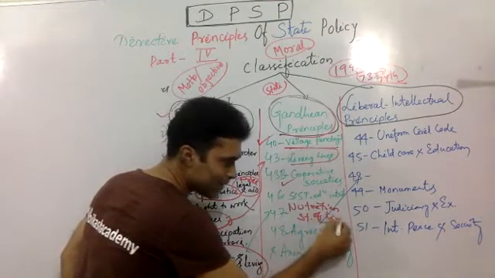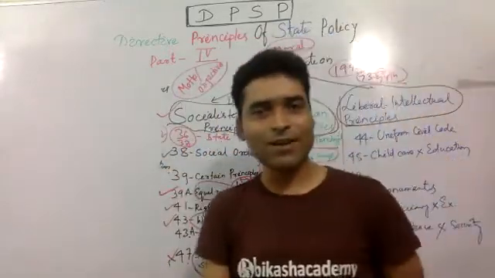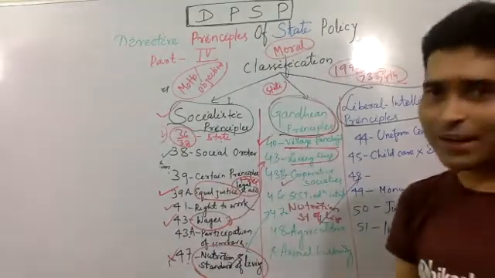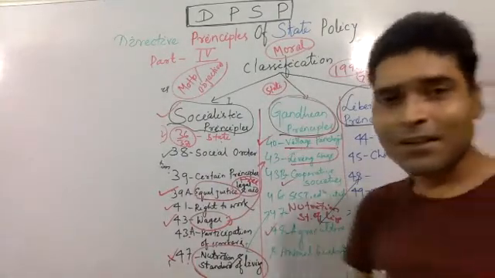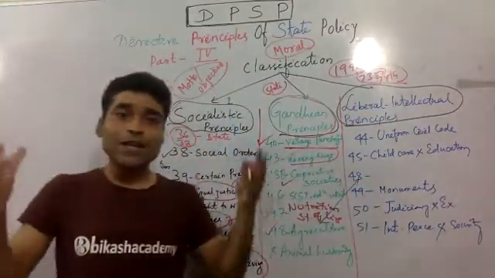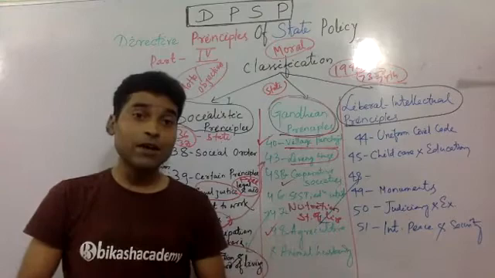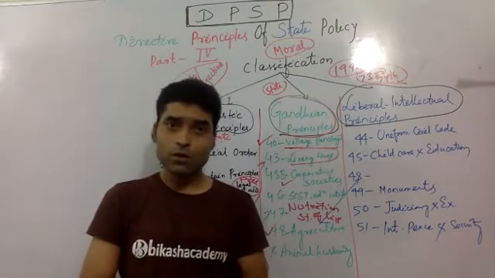I hope this is clear, right? The state has a responsibility to raise the standard of living of all citizens in India. And then 48, the state will give enough opportunity to promote agriculture and animal husbandry, like cattle breeding, all those types of things we know.